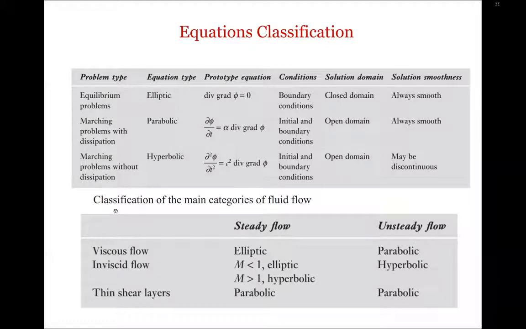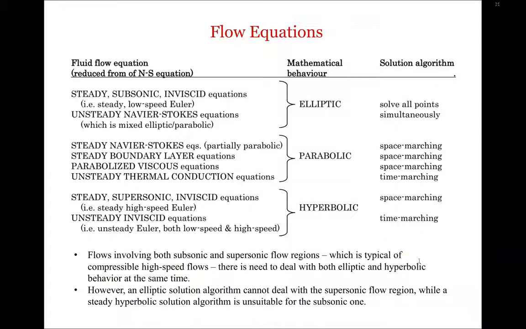Classification of the main categories of fluid flow: first is viscous, inviscid, and thin shear layer. Viscous steady flow is elliptic, and unsteady is parabolic. Inviscid flow is elliptic when the Mach number is less than 1 and hyperbolic when the Mach number is greater than 1, and unsteady must be hyperbolic. Thin shear layer steady flow must be parabolic, and unsteady is also parabolic.